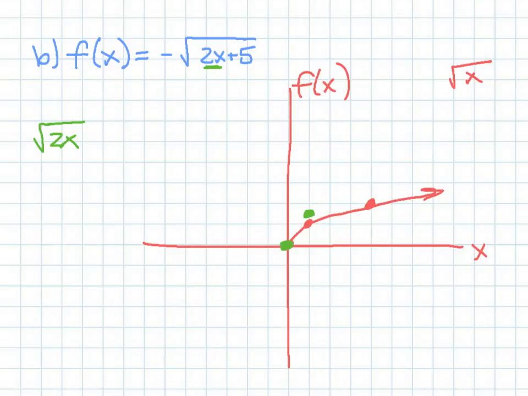Okay? And you can make the line, but then we're going to add a 5 to that. So since we're on the inside of our function, okay, that means we're moving to the left 5. Okay, so 1, 2, 3, 4, 5. And then 1, 2, 3, 4, 5.